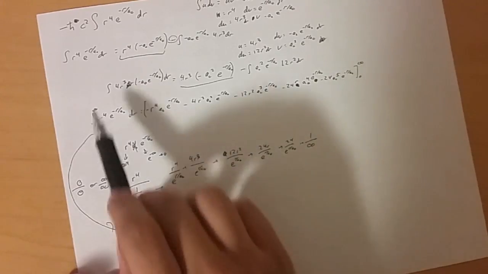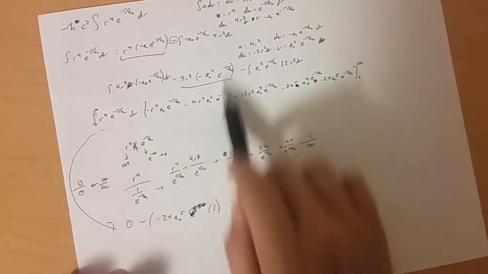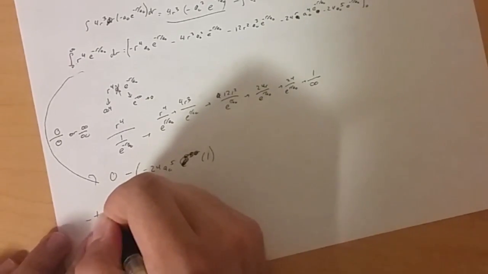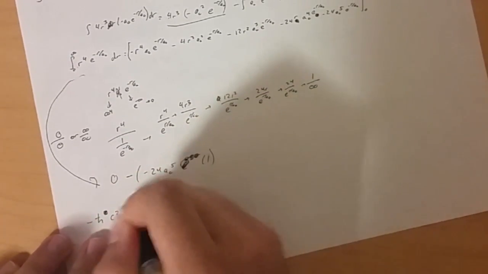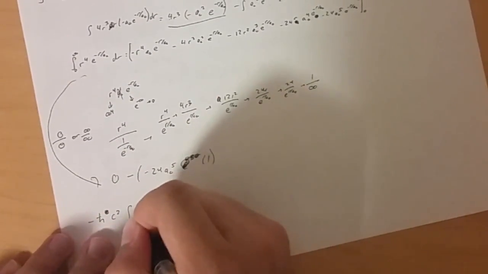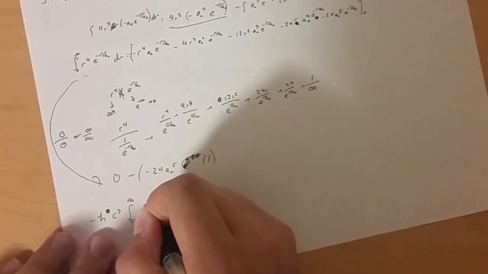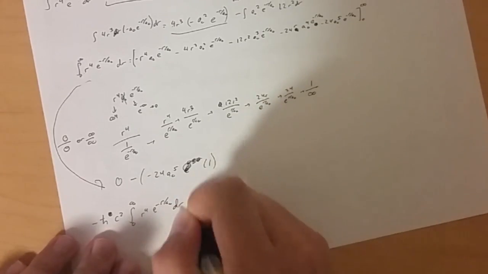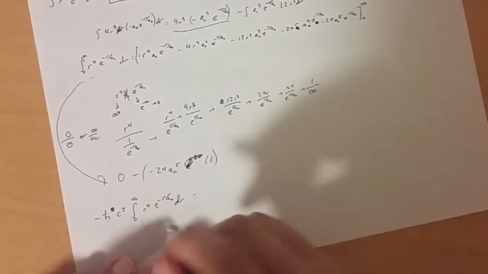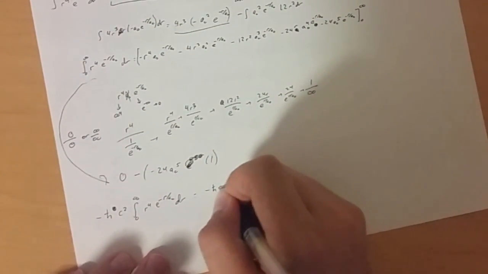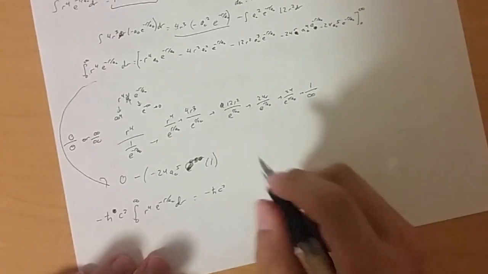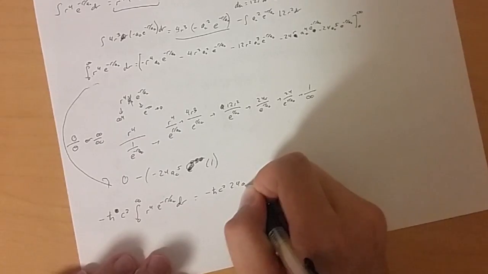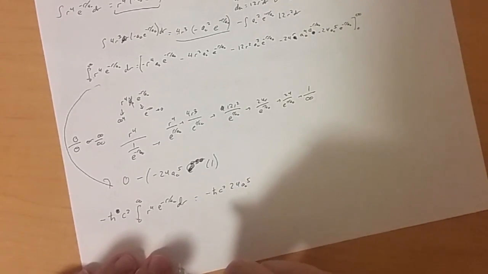So then we get that this function here, let's write negative h bar c squared integral 0 to infinity of r to the 4th, e to the negative r over a naught dr equals negative h bar c squared times 24 a naught to the 5th.